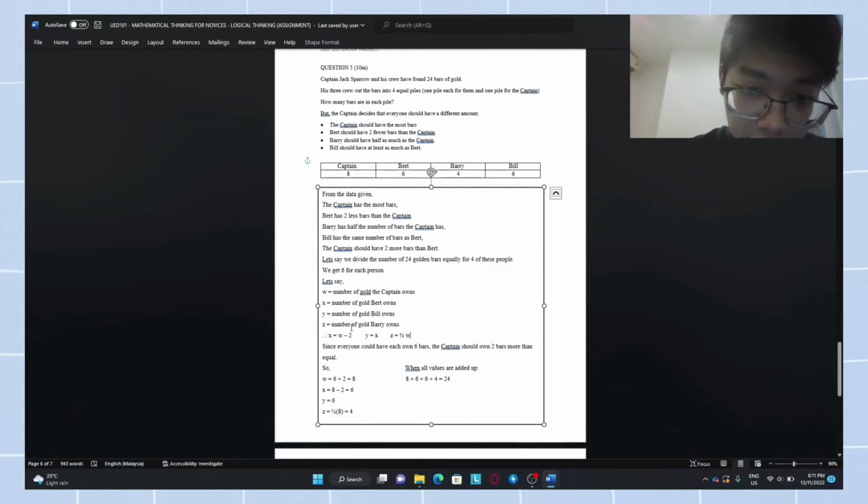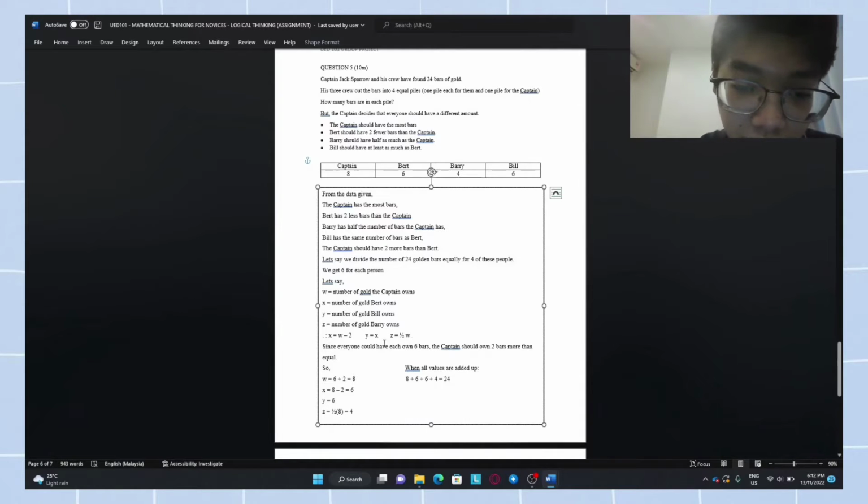Z is the number of gold Barry owns. And in the question, Barry should have half as much as the captain. So Barry should have half the number of gold the captain owns. So we can say that Z equals half of W, because W is the number of gold the captain owns.